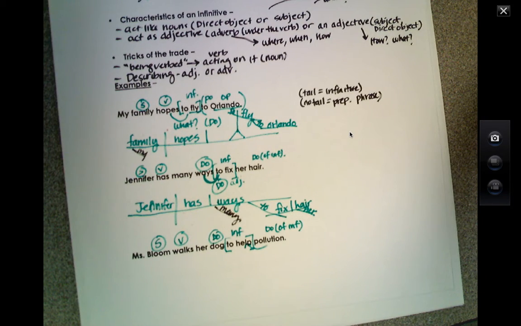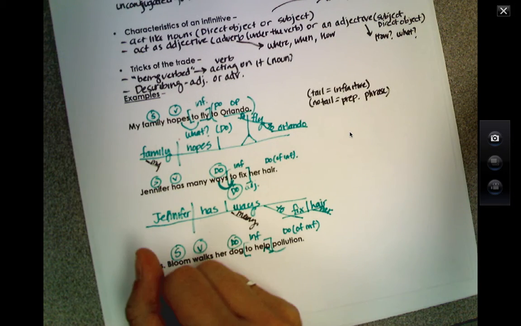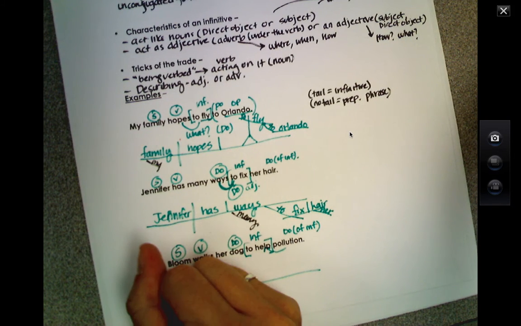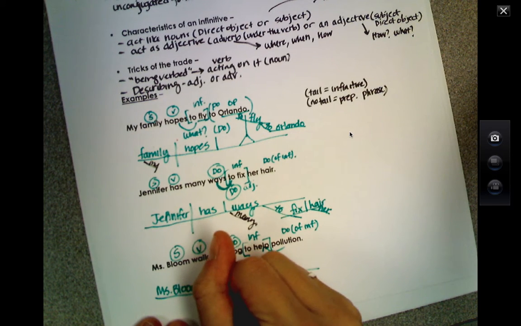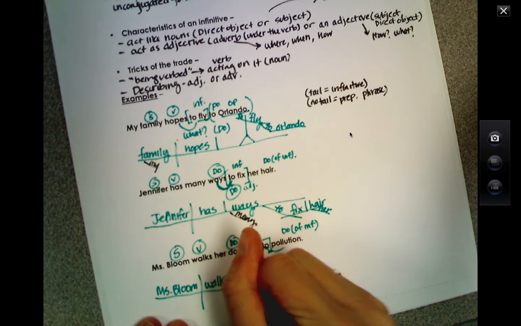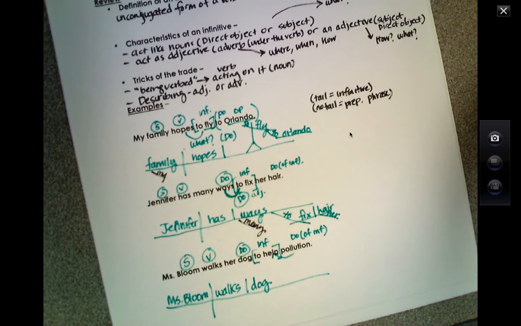So let's go ahead and take this puppy apart. You're going to keep Miss Bloom together because that is a proper noun. You're going to have walks, dog. Okay. So we need to decide where to help is going to go. It's not describing the dog.